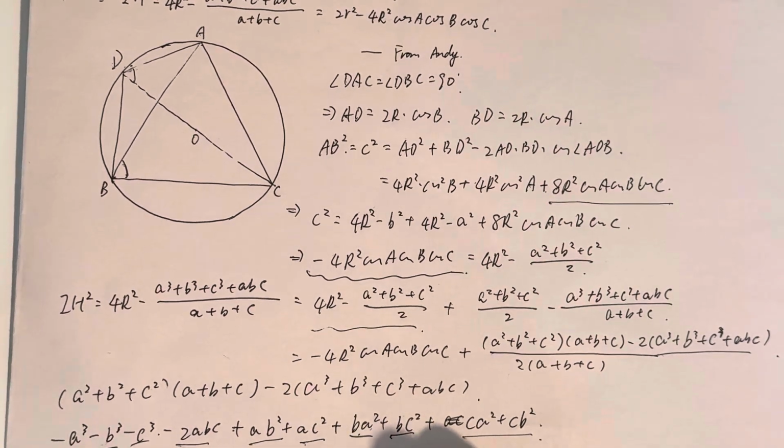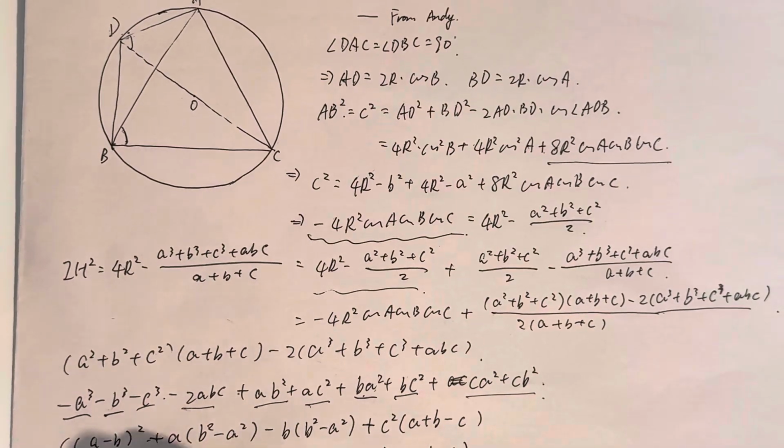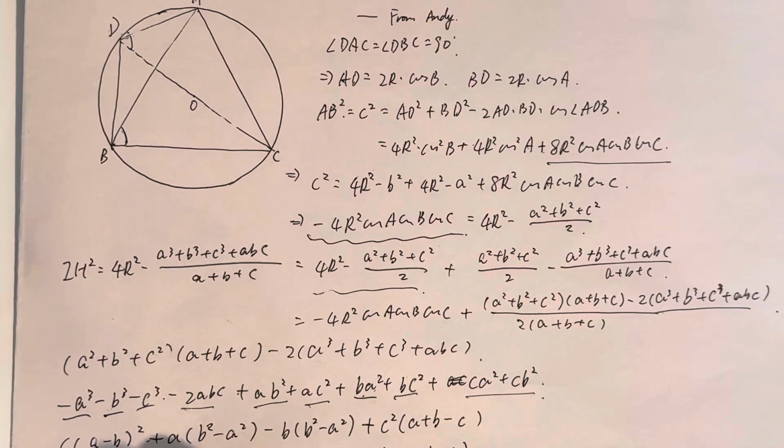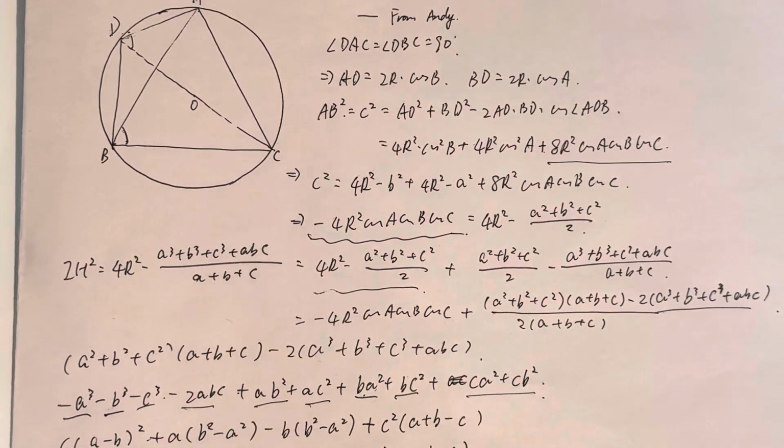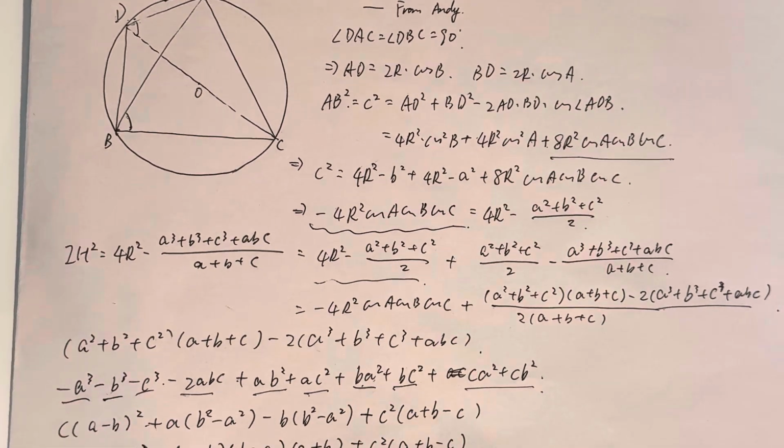Plus c squared (a plus b minus c). So this one equals (a minus b) squared, right? We extract this out, and (c minus (a plus b)) plus c squared (a plus b minus c), right?